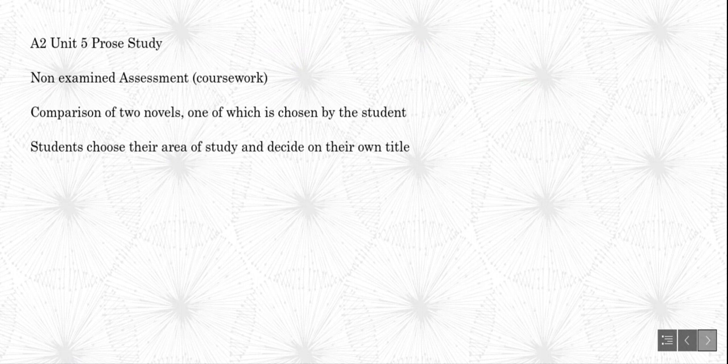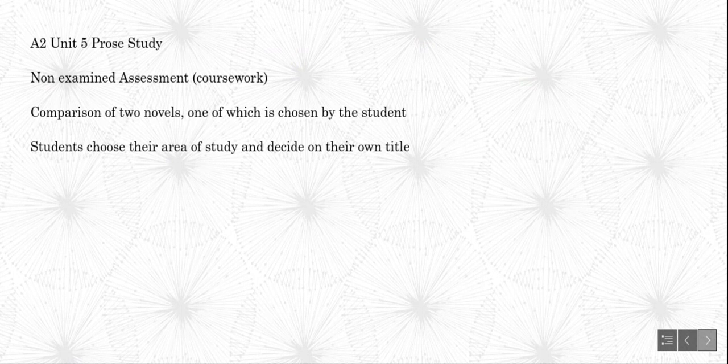One of them we study in class, and the other is a novel that's chosen by the student themselves. Obviously, it has to fulfil certain criteria from the exam board, but really it just has to be something that can be analysed. So they would call it a novel of substance for it to be able to be analysed.